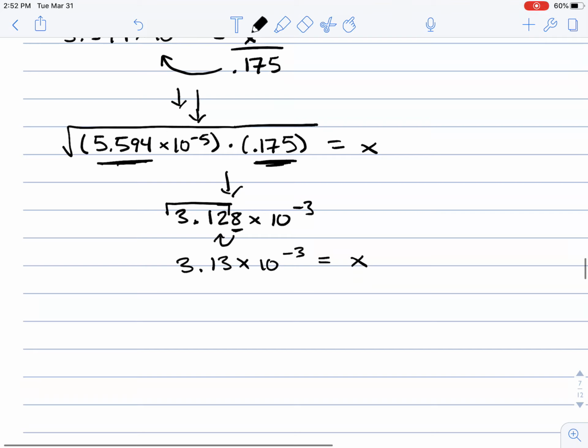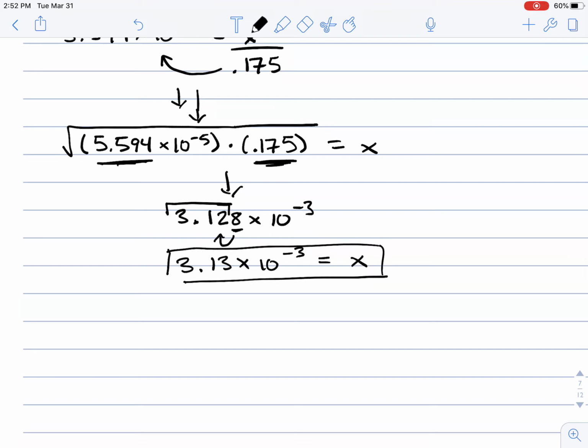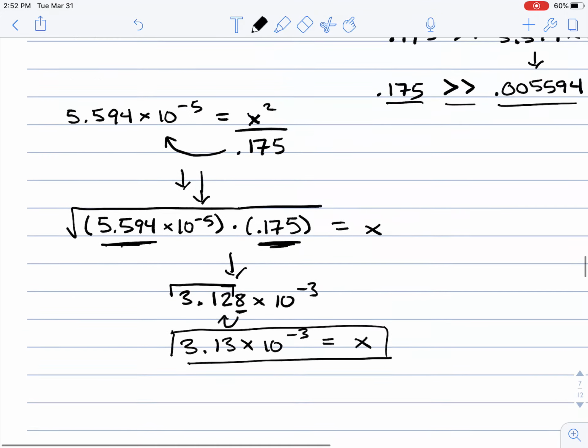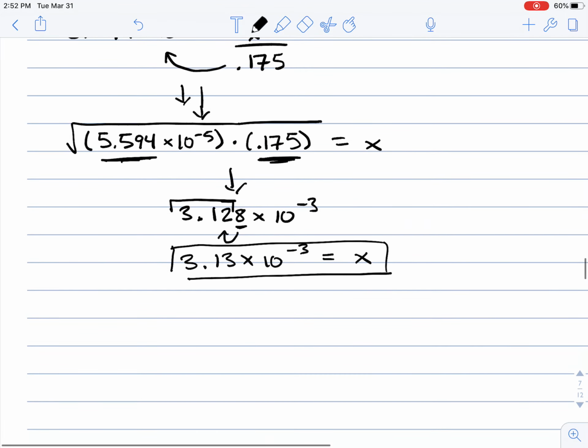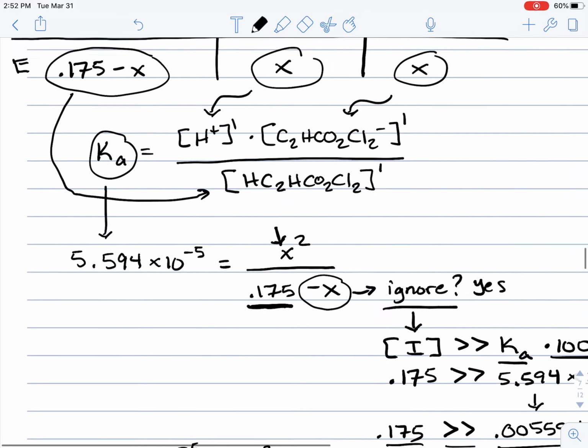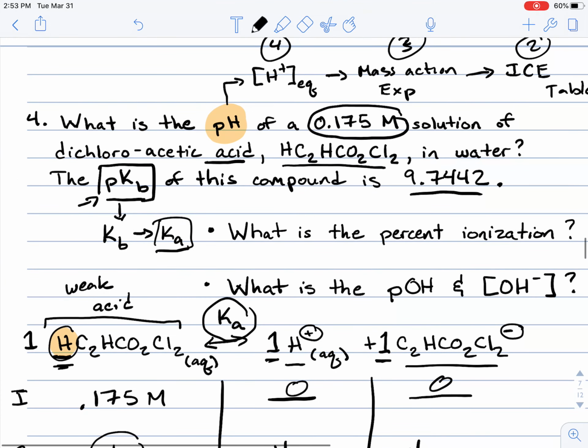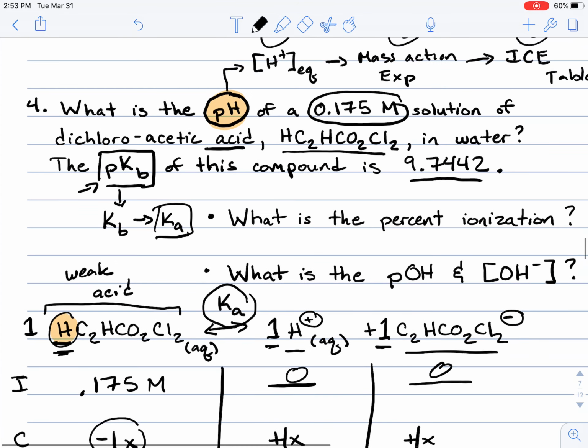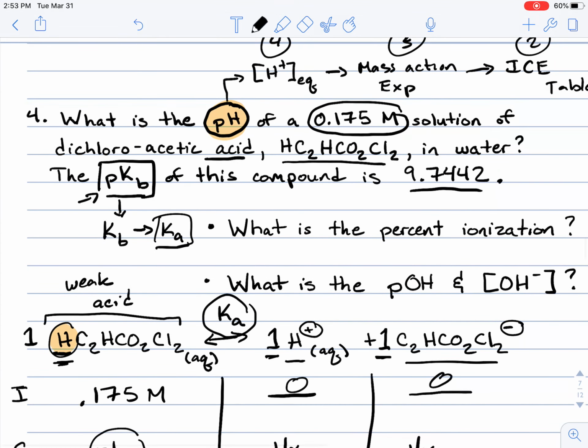So now that we have the value for x, we're going to go ahead and plug this back into our ICE table. But we want to work smart. And so revisiting the question, we're trying to determine the pH of the solution. So the only thing that'll give us the pH is the concentration of the proton at equilibrium.